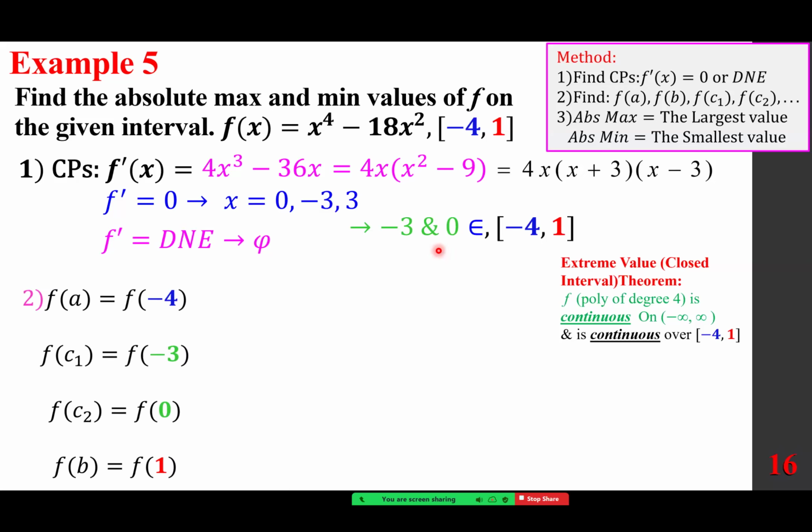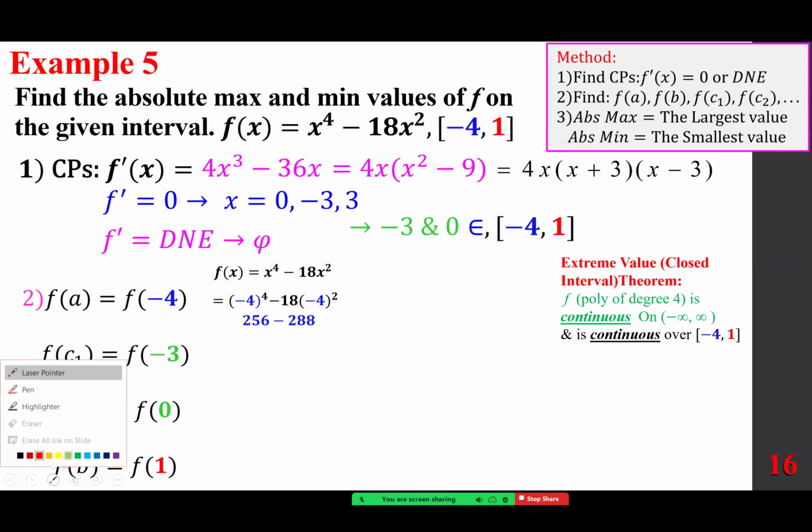We write the original function. F of x is x to the power of 4 minus 18x squared. We are going to replace the x with -4 and evaluate it. We get -4 to the power of 4 minus 18 times -4 squared. This gives you 256. This gives you minus 18 times positive 16, which gives you negative 288.